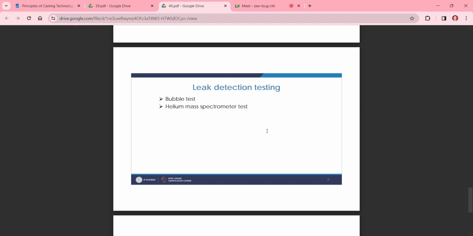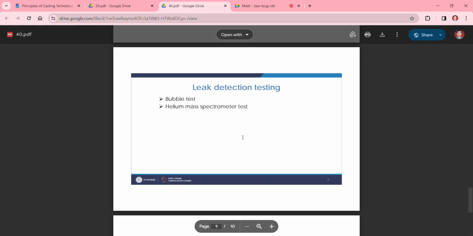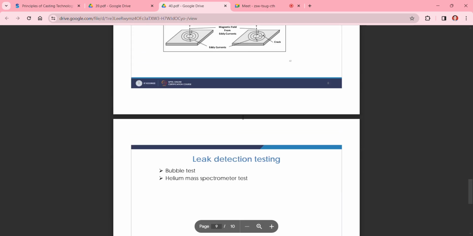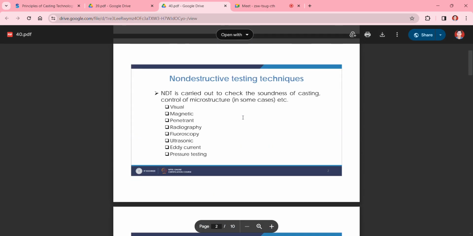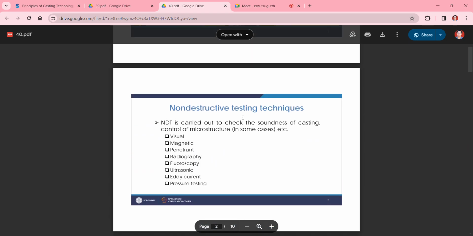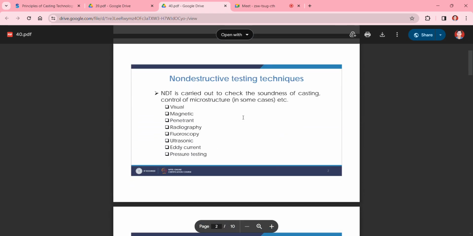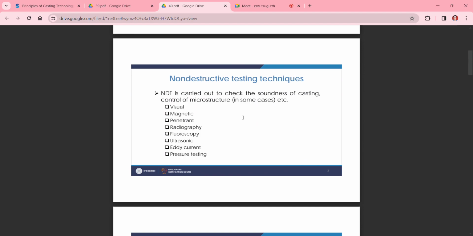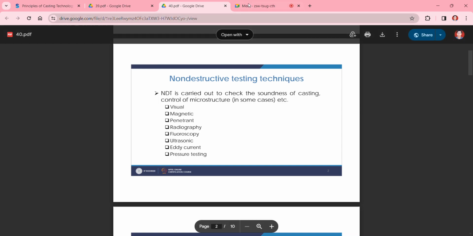We insert some gases inside that casting, and we detect the leakage inside those castings. So these are a few non-destructive testing methods which we use for detecting surface or inside defects in castings. So you can check whether your final casting can be used in your desired applications or not.